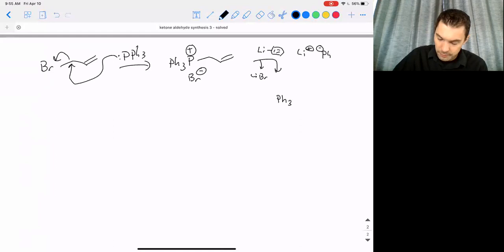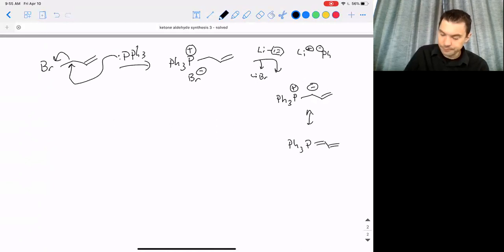And so we have plus, and I'll just remind us that we have this kind of dipolar form of the ylide, but there is a resonance structure where these are neutral. So don't be thrown off if I draw it in the double bond form. And I'll just draw in that arrow so that we're comfortable with it.